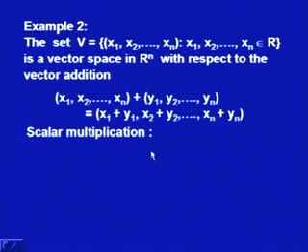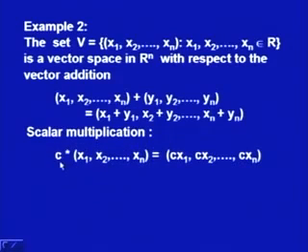Then how do we define scalar multiplication on this set? If we have a scalar c, when c is multiplied with this vector, then every component is scaled by c. So, it is c star (x1, x2, ..., xn) is (cx1, cx2, ..., cxn).